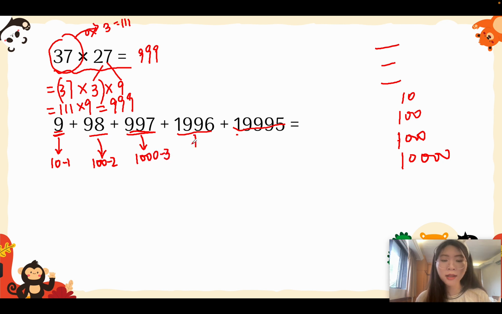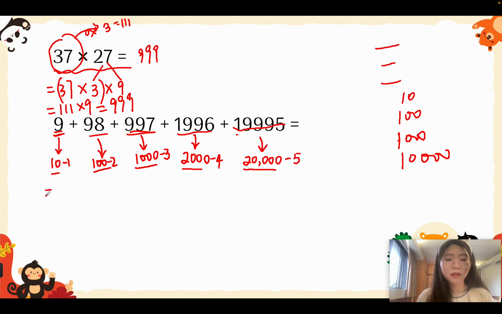So this one will be 2000 minus 4, right? And this one will be 20,000 minus 5. And then you can calculate the 10, 100 and so on together.